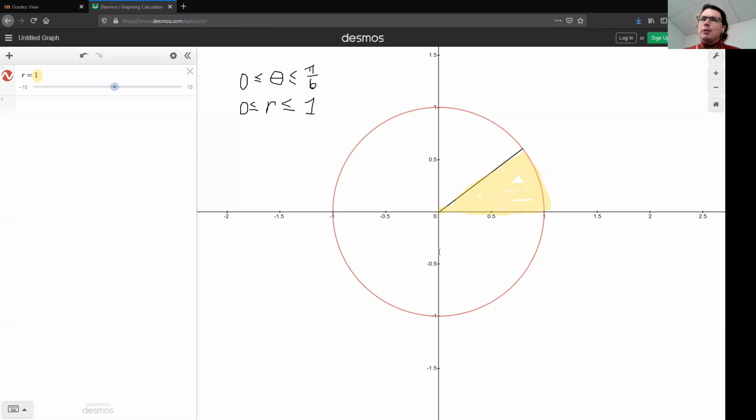I know that this is a certain fraction of the whole unit circle. How much of it is there? This is 1/12 of the unit circle.